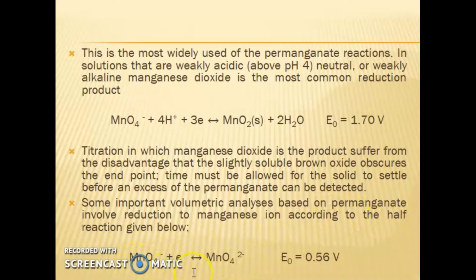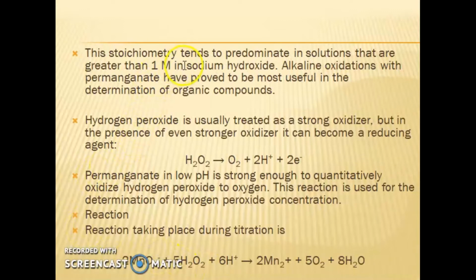This stoichiometry tends to predominate in solutions that are greater than 1 molar in sodium hydroxide. Alkaline oxidations with permanganate have proved to be most useful in the determination of organic compounds.